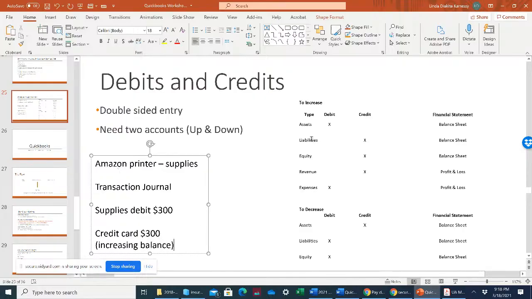As we see here, for liabilities, if we want to increase, we credit. With the credit card, every time you purchase, your balance is going up. So remember that.